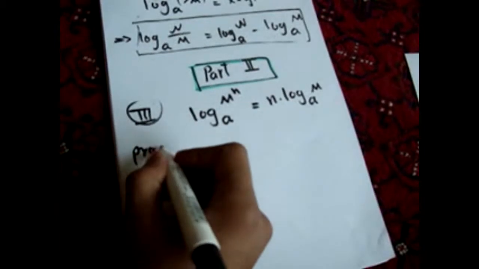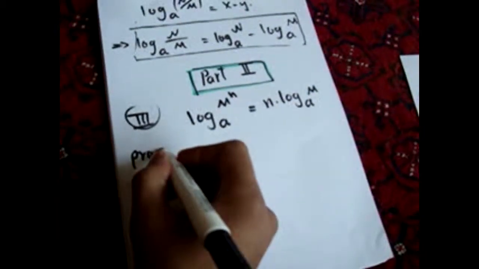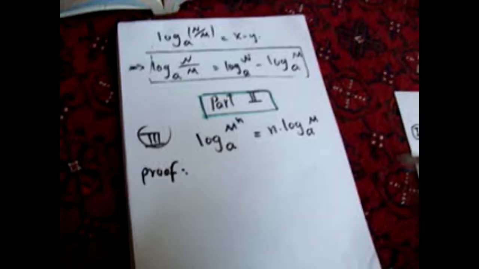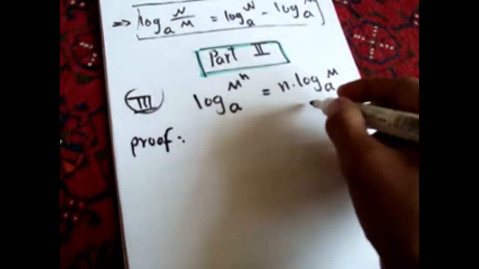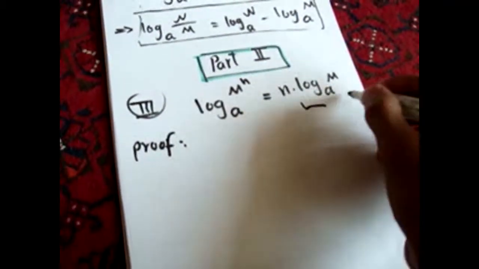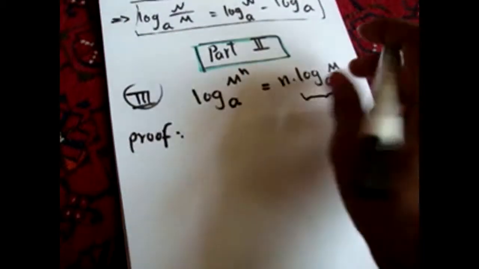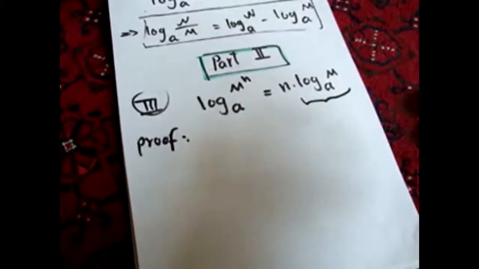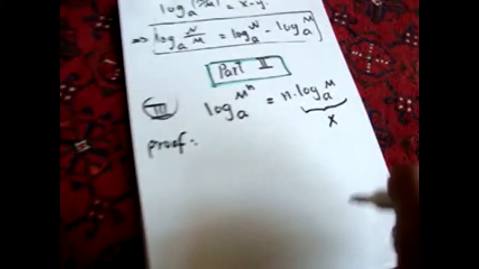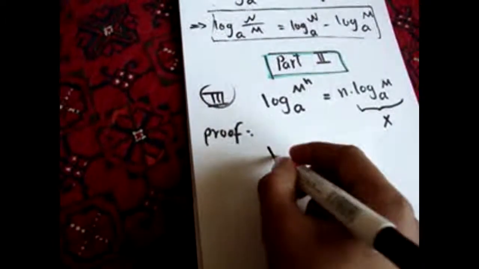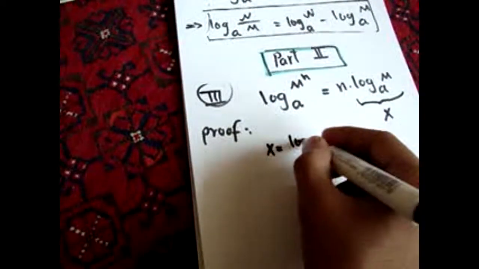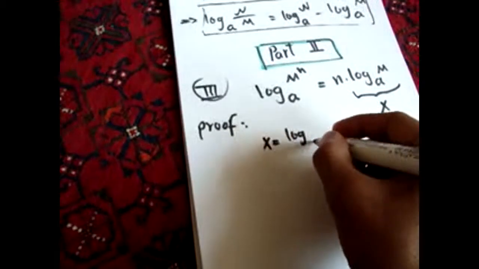So we suppose that this little expression, log base a of m, is equal to x. So we're gonna write that x equals logarithm base a of m.